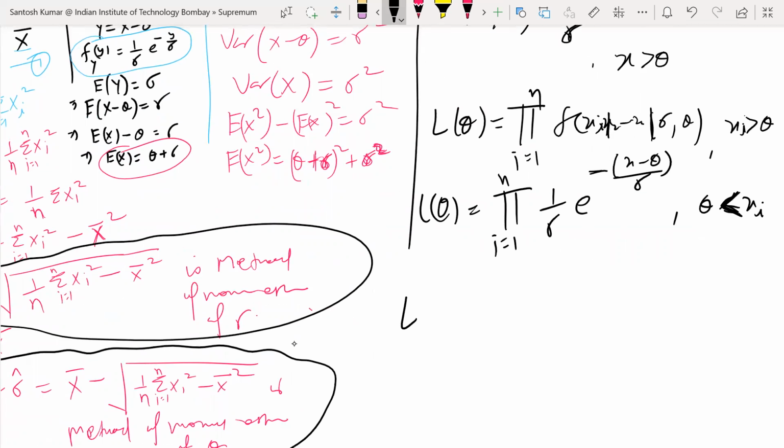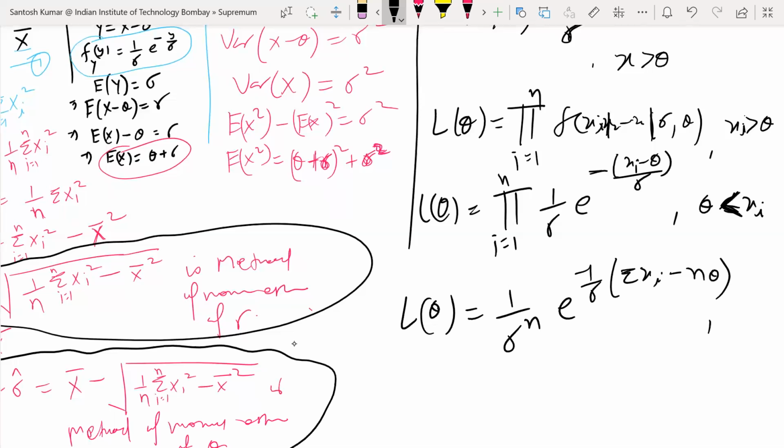If we simplify, L is 1 by sigma raised to the power n, e raised to the power minus 1 by sigma times (summation xi minus n theta), because the summation over theta gives theta n times, so n theta, when theta is less than or equal to xi.